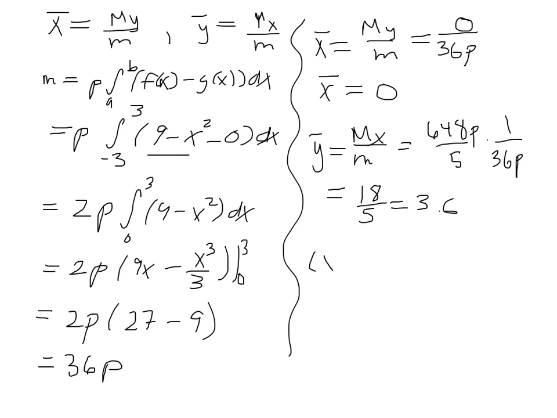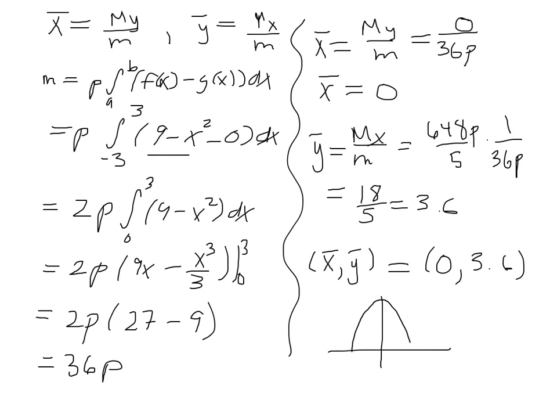So your center of mass, x bar, y bar, is 0, 3.6. And that should sort of make sense from your picture. If you take a look at this, that center of mass is a little bit lower down there, which, since this area is more, that's kind of looks like where it should be.